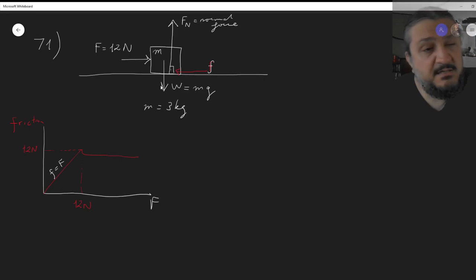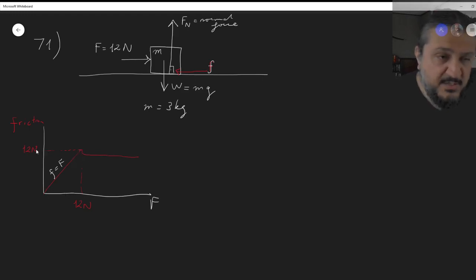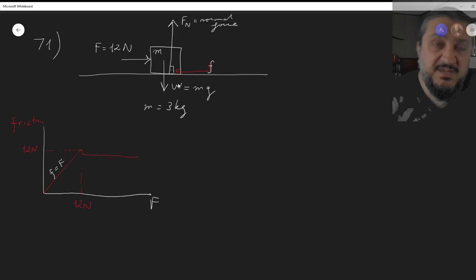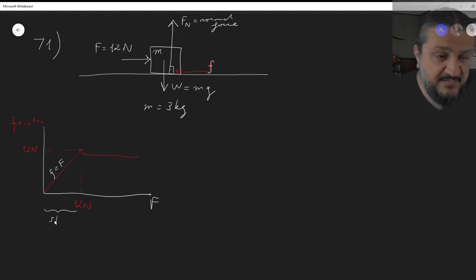Now this friction force increases as you increase the force that you exert on it. But at this point, you've reached the maximum friction you can get. This is the static phase. It hasn't moved yet. In the static phase, you can call it Fs if you like, Fs meaning static. This static force has a maximum value, which is this.